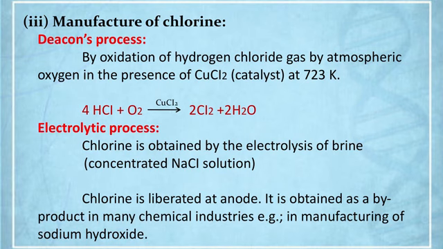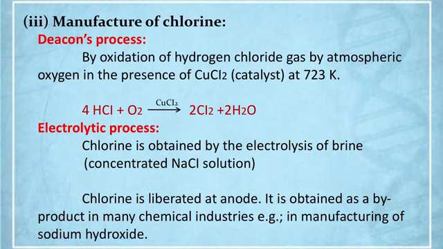So hydrogen chloride gas is oxidized by oxygen to liberate chlorine gas. In the electrolytic process, we prepare chlorine by electrolysis of brine, concentrated NaCl solution.